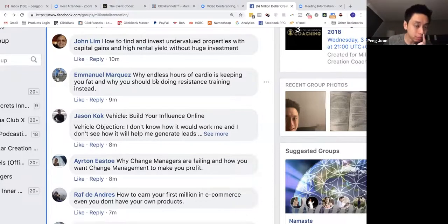However, it would be different if you said, and why you should be doing this 5-step resistance training instead. Now it's different, because now okay, I wonder what that 5 steps of resistance training is. Okay. So when it comes to crafting your statements, think about whether you're giving the curiosity away through your sentences.